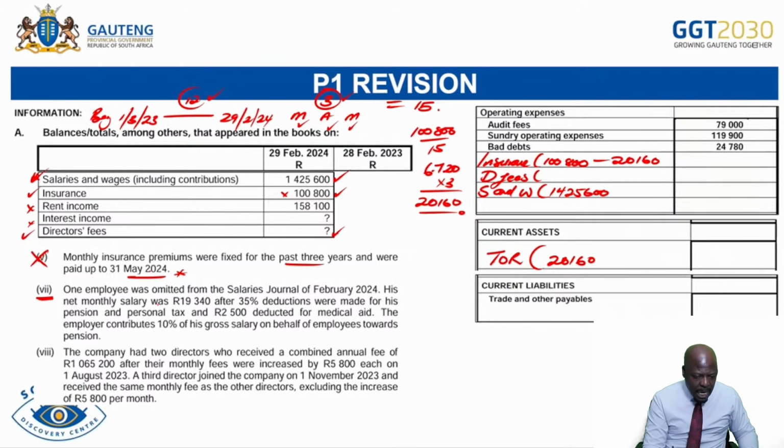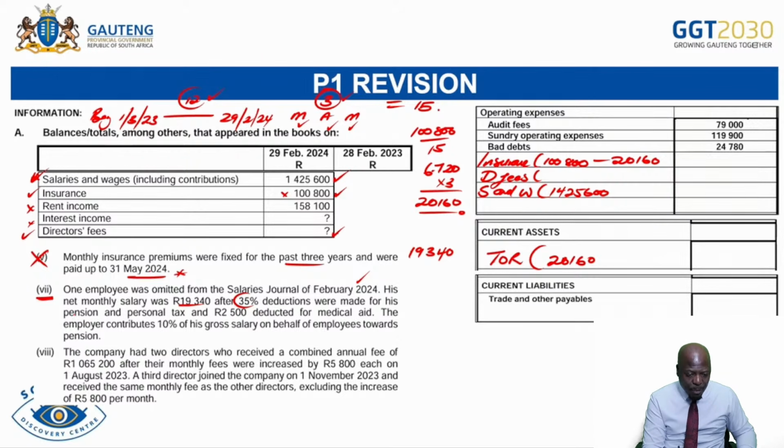One employee was omitted from the salaries journal for February. So here we know we're owing one employee because he was omitted from the salaries journal of February 2024. His net monthly salary was 19,340, which was his net salary. And that was after we had taken out deductions, 35% we made.